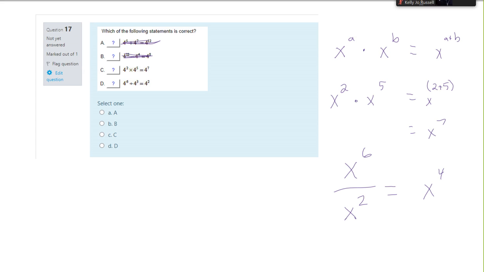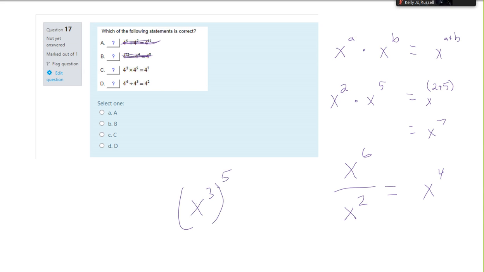The other one that sometimes people get confused on is if we had an exponent, something that was already a power, and then we raised it to another power. So say we had x cubed raised to the 5th.